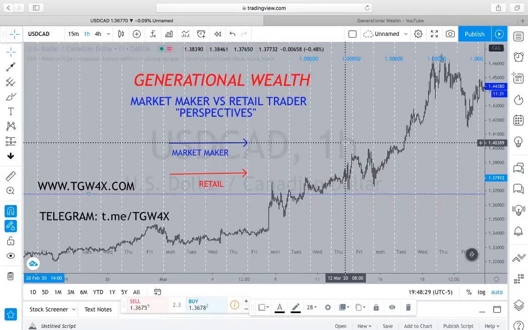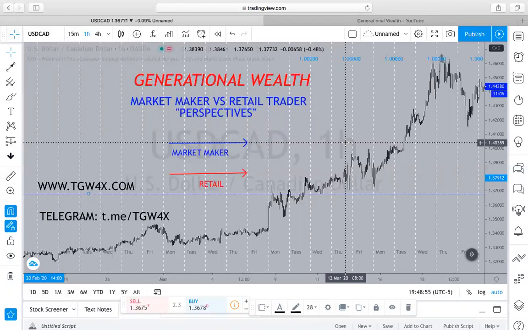So now we know the market maker uses certain methods such as the M and W formation, weekly cycle structures, daily cycle structures, stop hunts, etc. And we all have been on the retail trader side previously, learning how to trade in the Forex market.